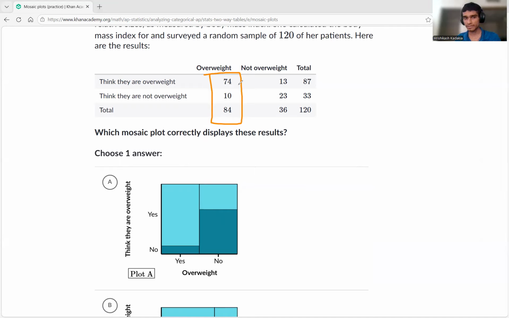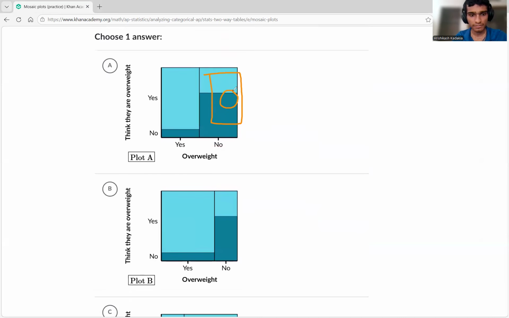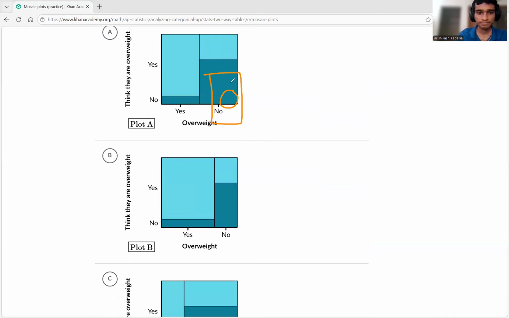In the overweight column, they are overweight in reality. 84 are overweight, 74 are thinking they are overweight, 10 are not. Therefore, we can conclude safely that B does seem right, because no is actually a small column. It's just 10, and 74 is actually seven times bigger. It's like a big jumbo column.